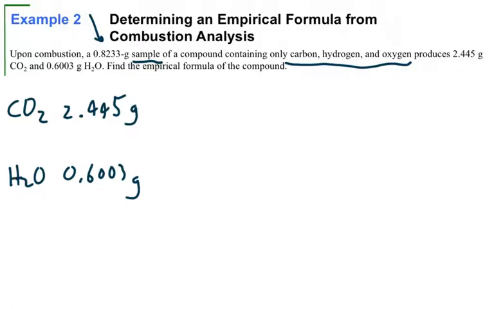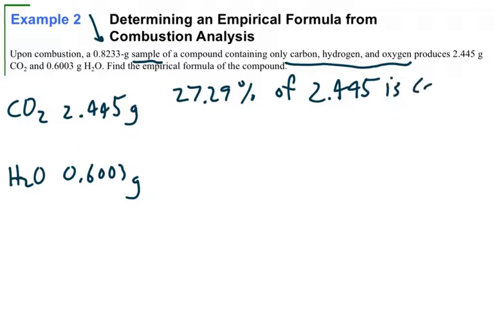So we're going to take a shortcut because we already did the percent composition for carbon in CO2 and for hydrogen in H2O. So if you remember, I told you that 27.29% of the CO2, which is 2.445, is going to be carbon.